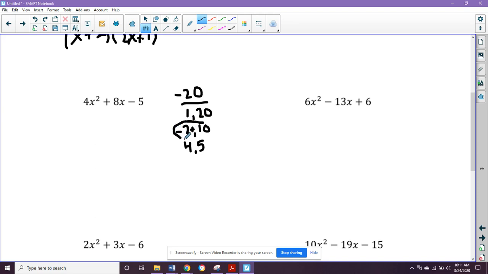That would be our factor. You can substitute that in for your middle term. So rewrite everything else as it is, and instead of your middle term, write your two factor terms.